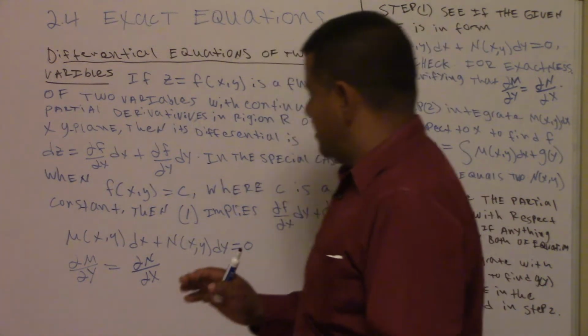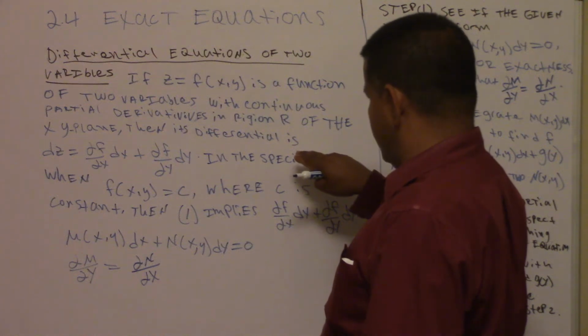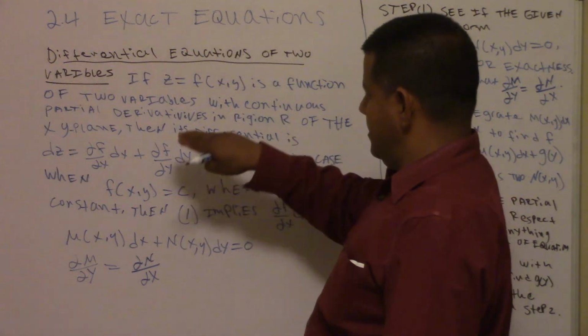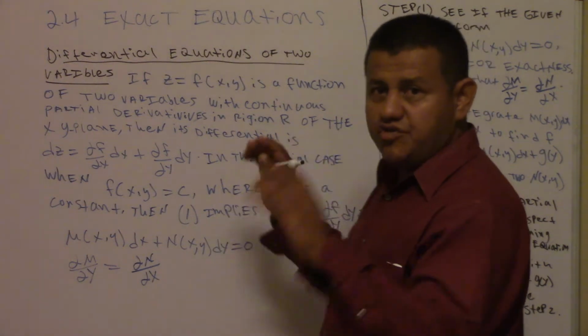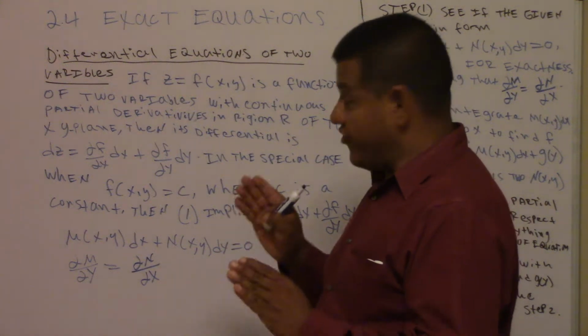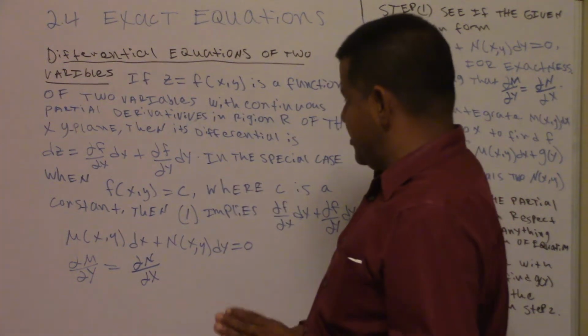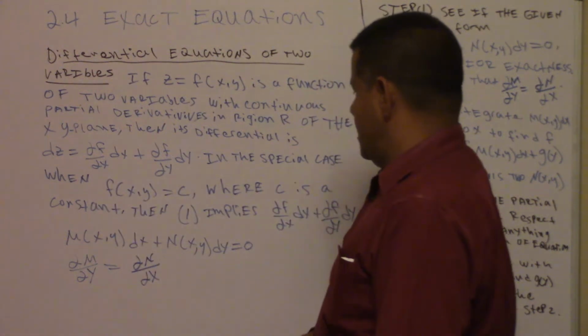So in other words, if this is continuous on the region R, then the differential is going to be in this form, okay?